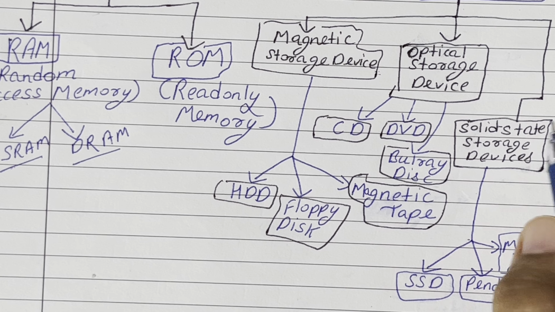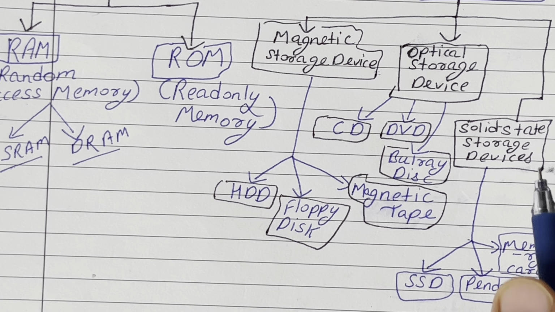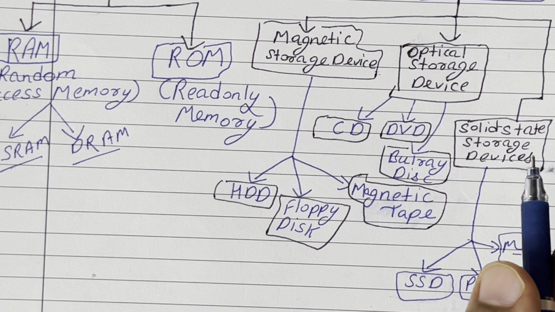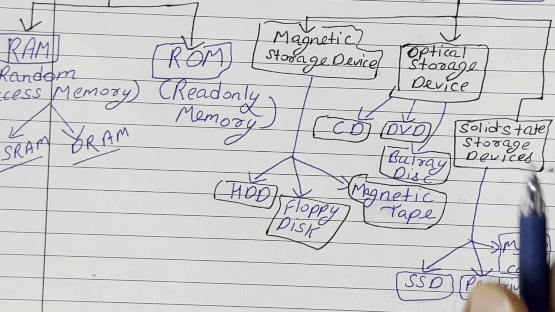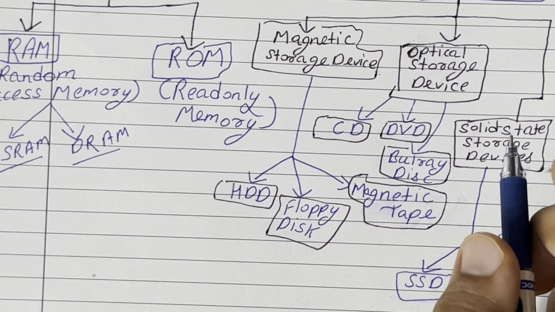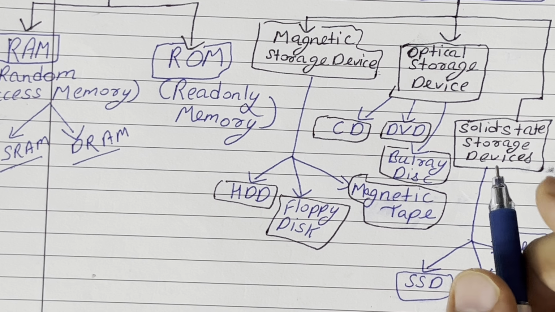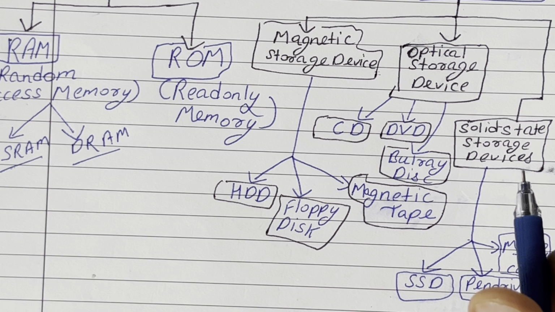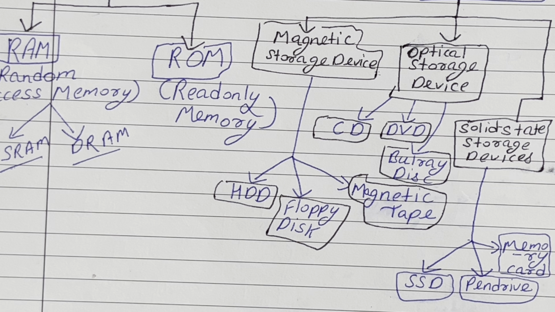These devices use flash memory, which is a type of non-volatile memory which can store information permanently even when the power supply is removed. Unlike magnetic storage devices such as hard disk drives, solid state storage devices do not contain moving components like spinning disks or read-write heads, because they provide faster performance, lower power consumption, better durability, and silent operation.